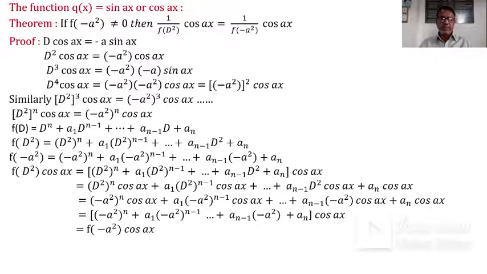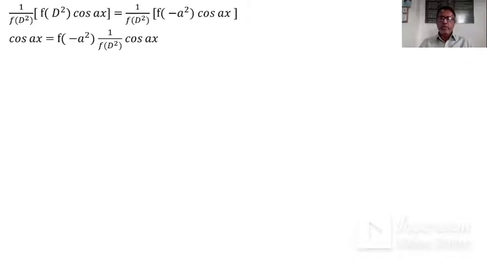We obtain this result: f of D square operate on cos ax is equal to f of minus a square cos ax. Now operate 1 upon f of D square on both the sides of this equation.